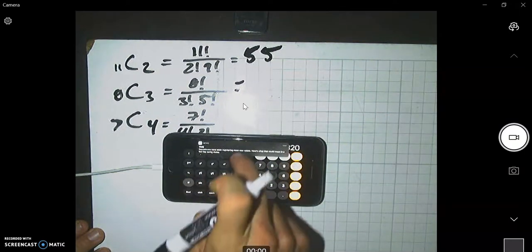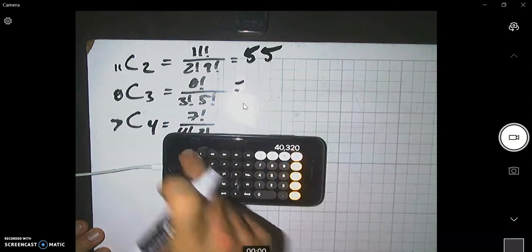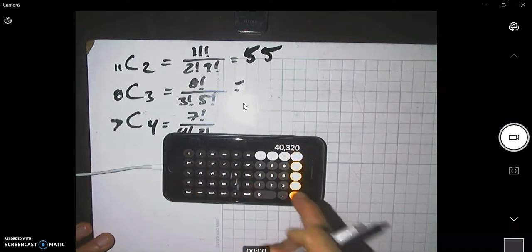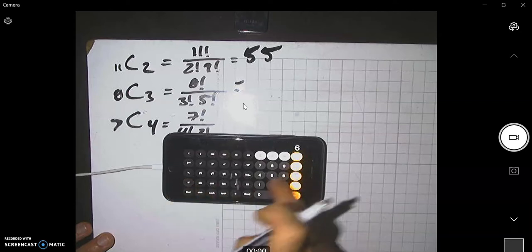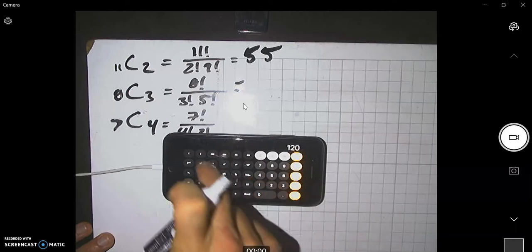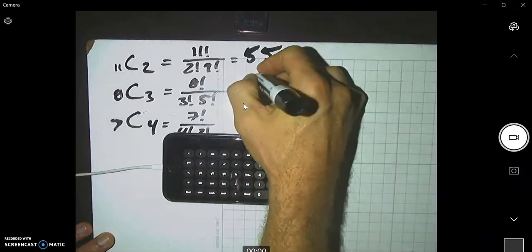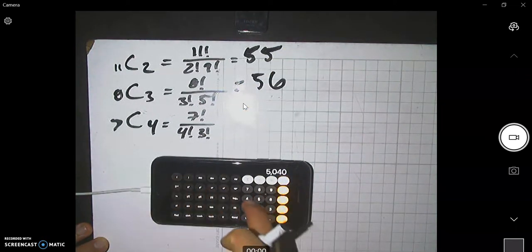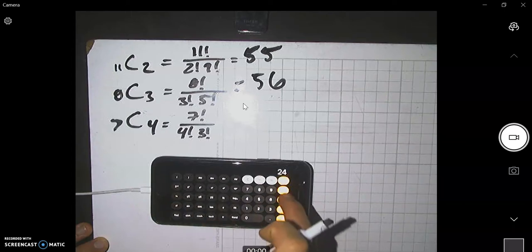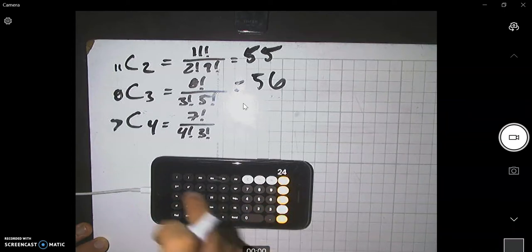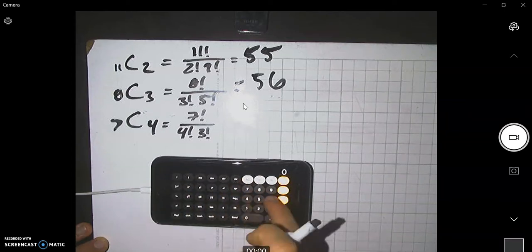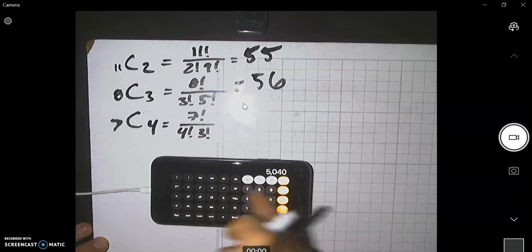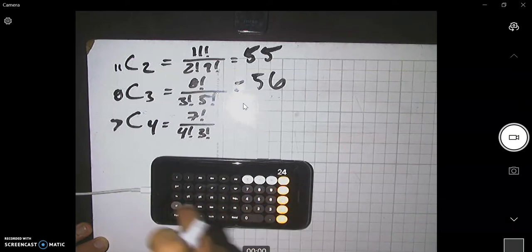8 factorial divided by, start parenthesis, 3 factorial times 5 factorial, close parenthesis, equals 56. And finally, 7 factorial divided by parenthesis 4 factorial times 3 factorial. Oops, that's the wrong button. Try that again. 7 factorial divided by parenthesis 4 factorial times 3 factorial.